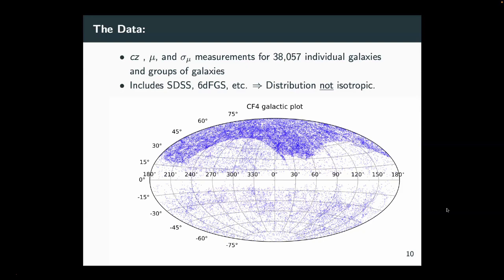There's also the 6dF galaxy survey included in there, which is also fairly anisotropic. And then for the rest of the galaxies, there's a very large set of Tully-Fisher measurements that have been done over the years that have been added to this as well.